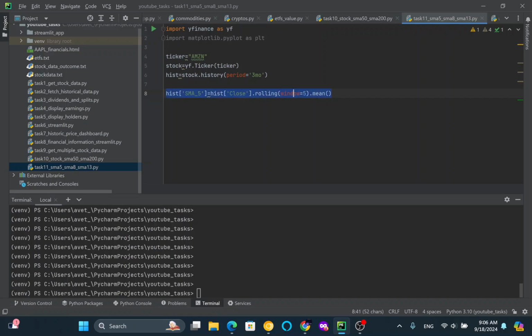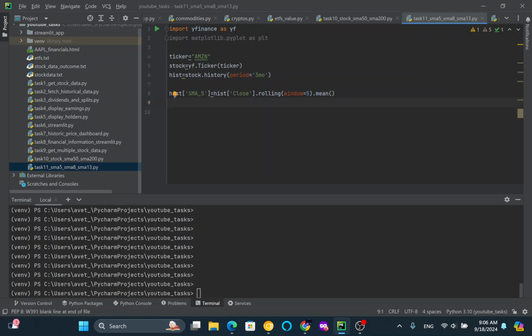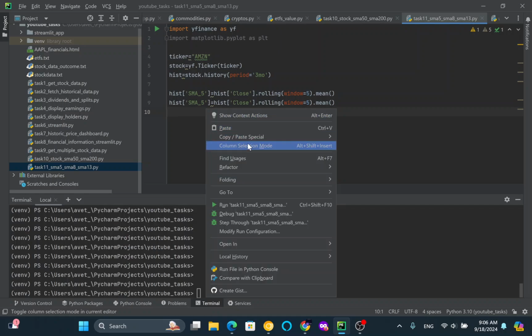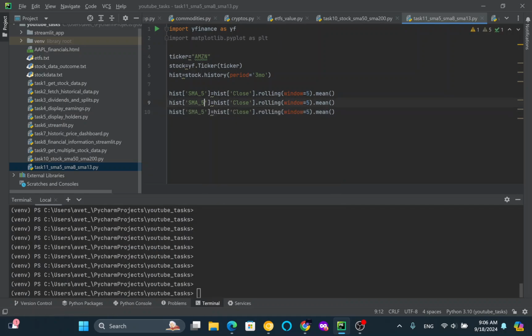We got the one for the 5-day SMA. Let's paste it here for the 2 others. It will be 8 and 13, and the window will be 8 and 13 respectively.